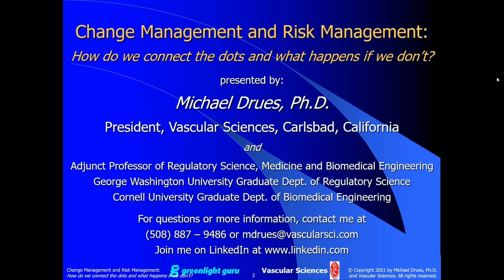One is to create, let's just say, a fictitious change. In other words, introduce that fictitious change, not for the purposes of changing your device, but rather for the purposes of validating your system, and then run it through your process, your change management. Make sure that it triggers a risk reevaluation.